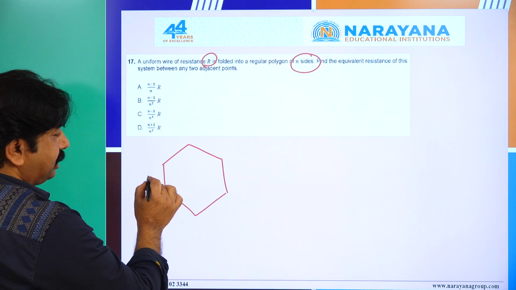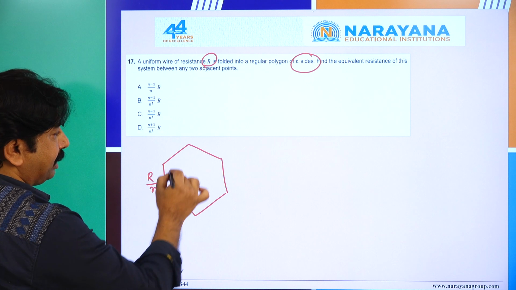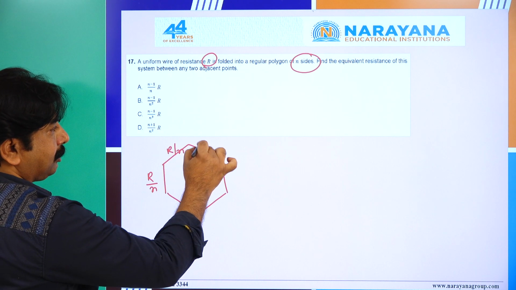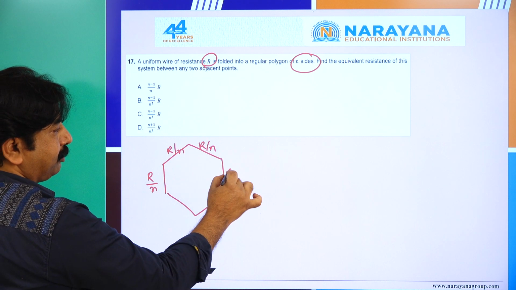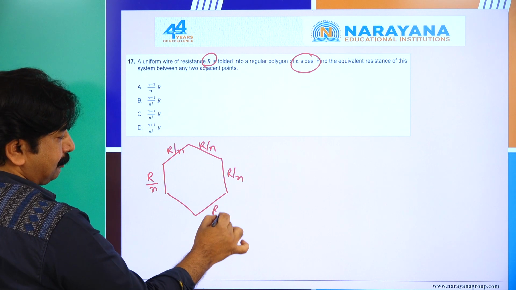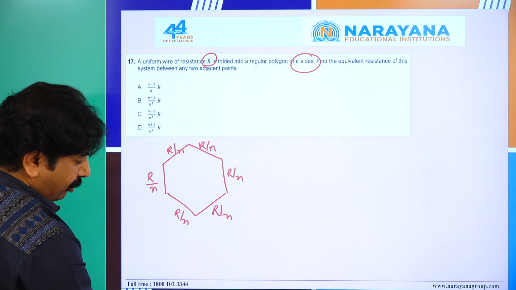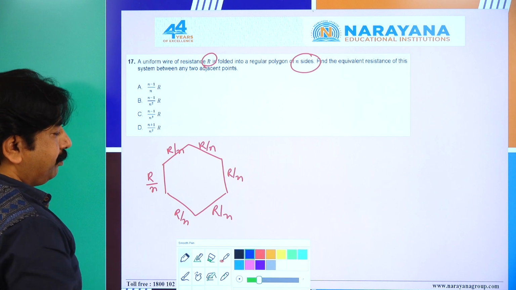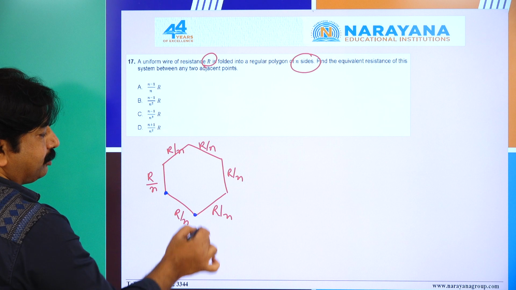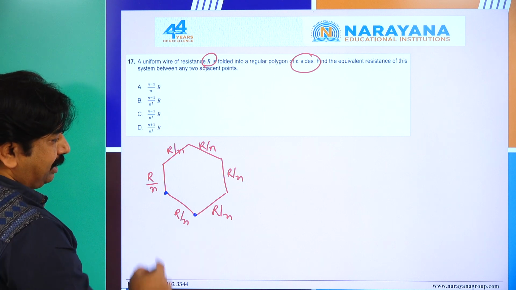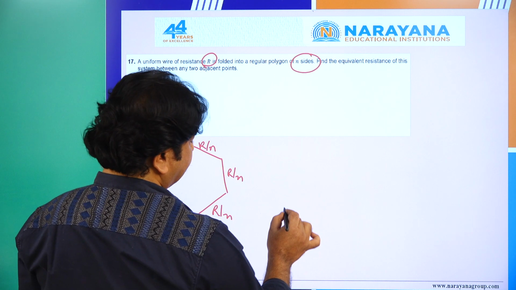Then each resistance becomes R by n only. Now one more point, they are asking between two adjacent points only. So look here, any two adjacent points, we can draw the diagram.